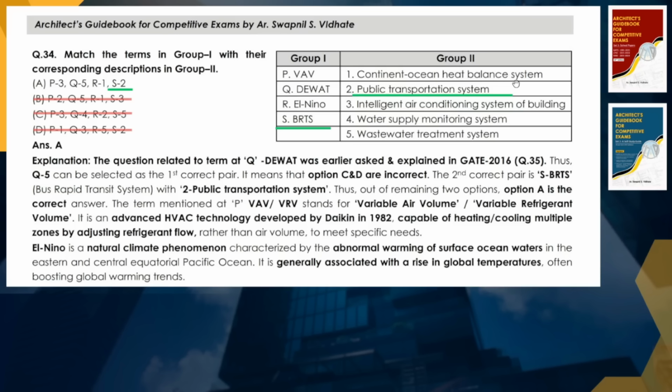Continent ocean heat balance system. As I said, selecting option A was not difficult because the reference related to VAV, or VRV, as well as DEWAT and BRTS was there. Option A was the correct option for this question 34.